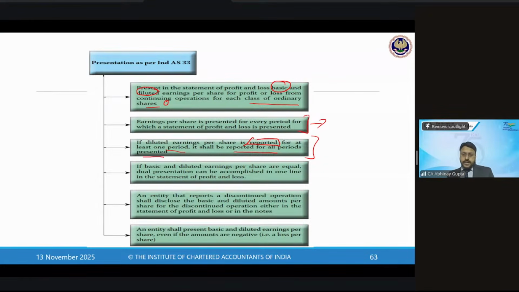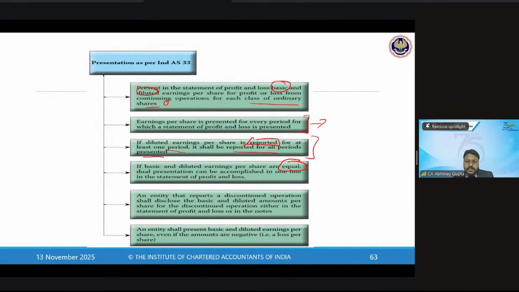If the basic and diluted earning per share are equal, in which scenario will it be equal? When the instruments are not dilutive, rather anti-dilutive. So if the instruments are anti-dilutive, then basic and diluted will be equal, right?